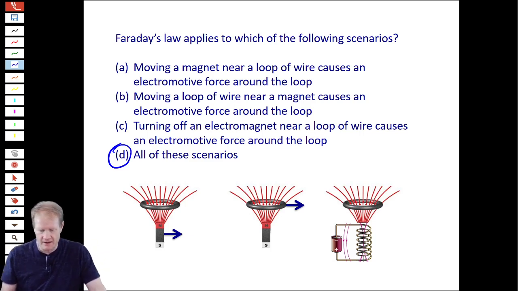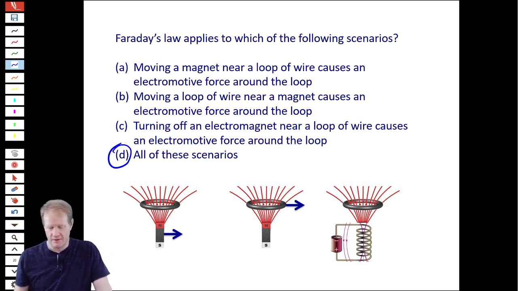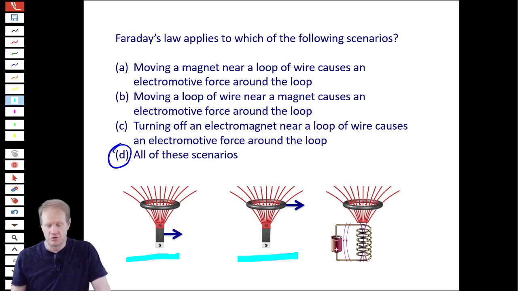In fact, Einstein, in his first paper on relativity, was very interested in these first two because it's really the relative motion between the magnet and the loop that matters, as opposed to one being stationary and the other one moving, or vice versa.